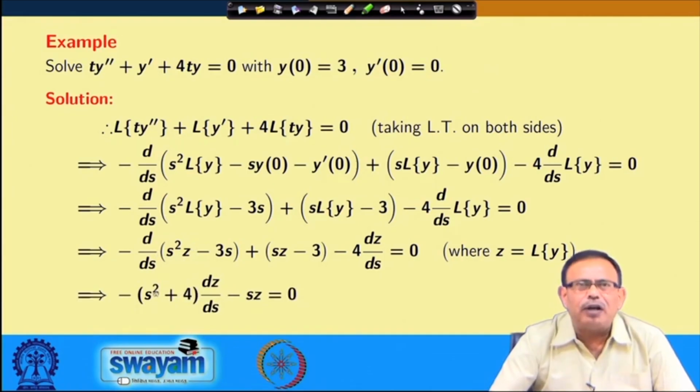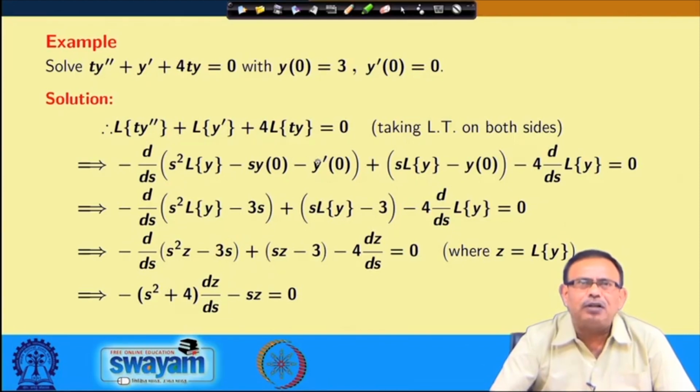From here I am getting one ordinary differential equation. Please see it. This is an ordinary differential equation, not an algebraic equation, which initially we said I would get whenever I take an ODE and use the Laplace transform to convert it into some algebraic equation.